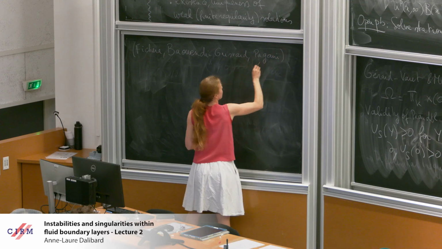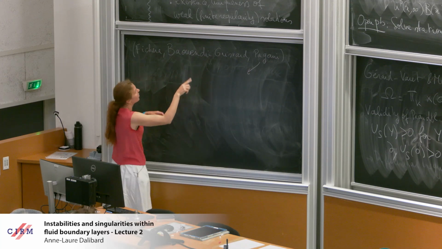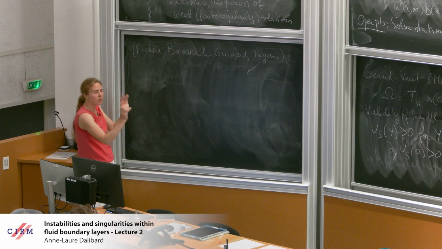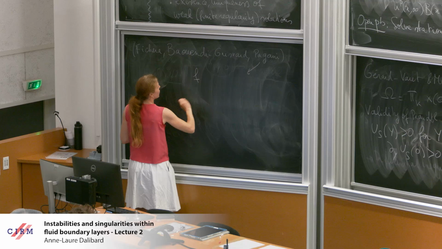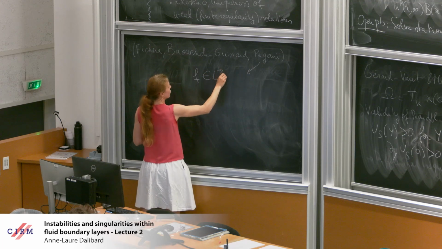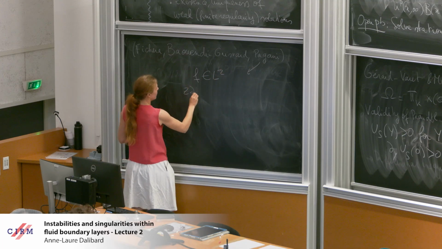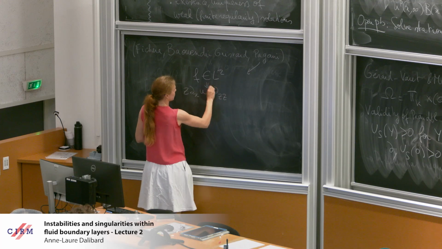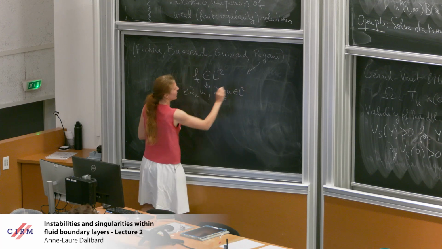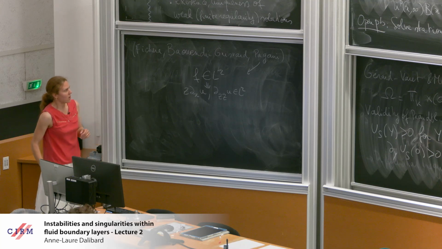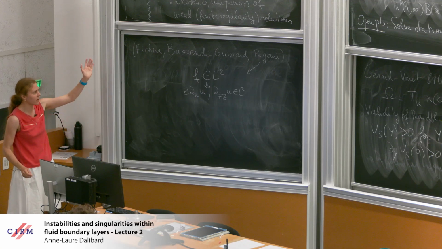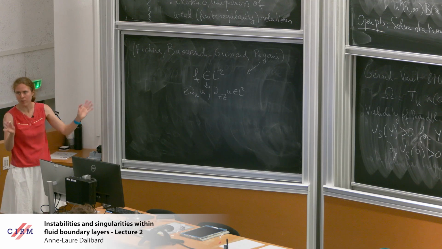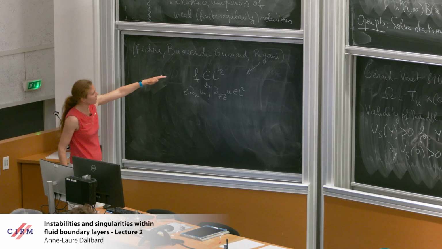And so typically the result by Pagani is that if you assume that f is in L2, then both z dxu and dzzu are in L2. I'm not writing down the conditions for the boundary data, but let's say for smooth enough boundary data with compatibility conditions. So that's the typical thing that you can have.